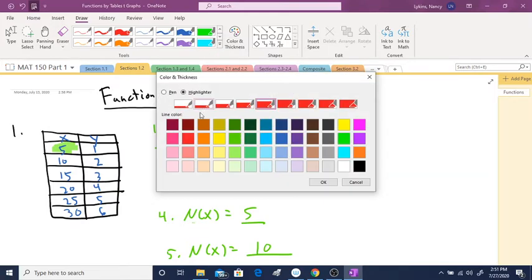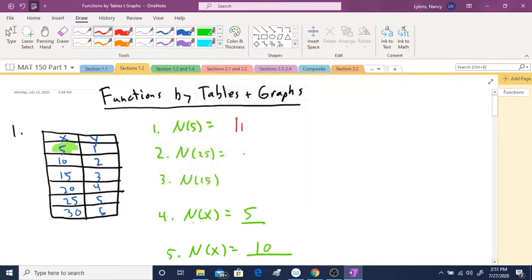So the answer to the first part is going to be 1. What about 25? I'm going to go all the way to 25 right here. 25, my answer is 5. And I'm looking at 15 right here. My answer is 3.